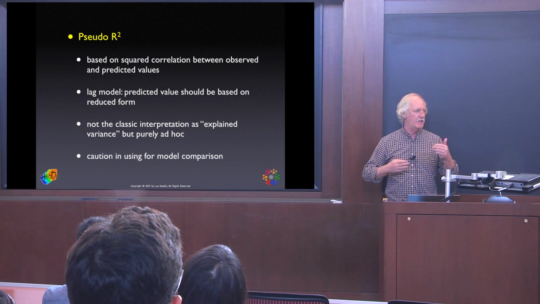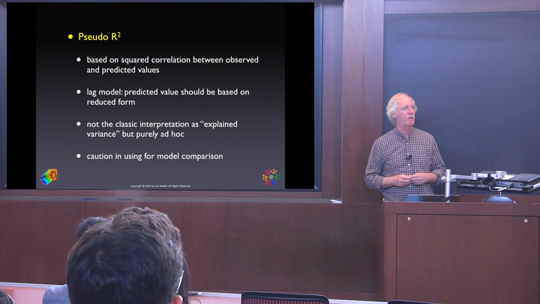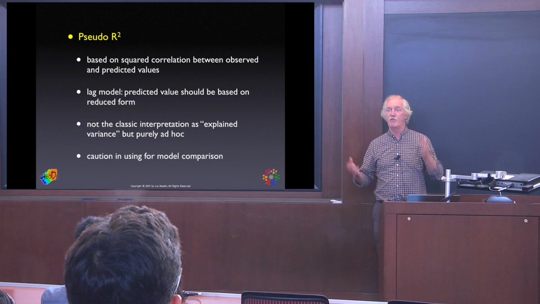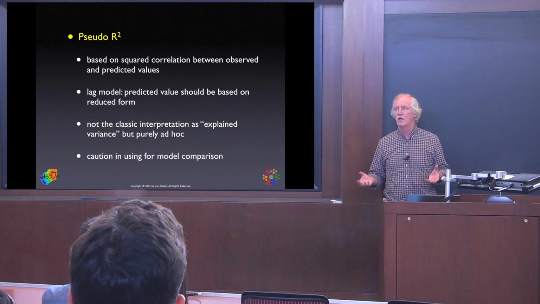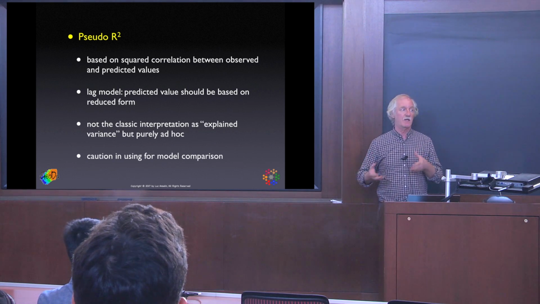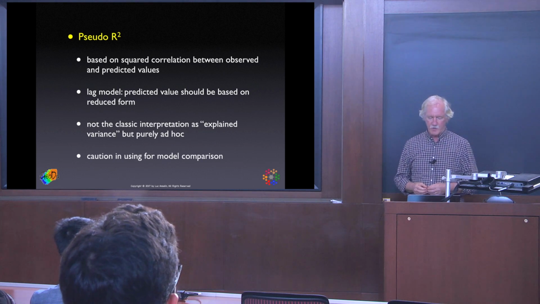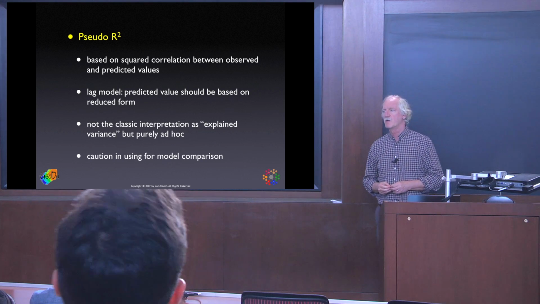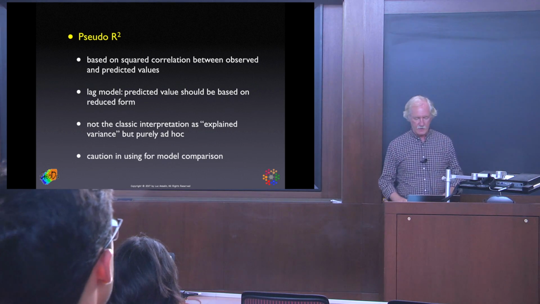But what exactly these numbers mean is not directly related to explained variance. So if you have 0.5, you can't really say that you explain half of the variance. You explain something, and 0.5 is better than 0.2, but these magnitudes are not directly comparable because they incorporate the full dependence, and that's a very complex interaction.